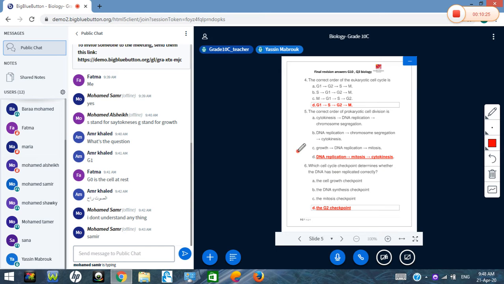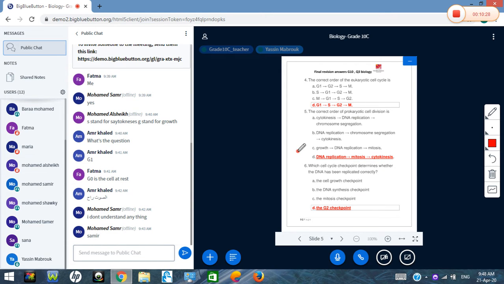Okay. Number 5. The correct order of prokaryotic cell division. Letter A: cytokinesis first, then DNA replication, and the last step, chromosome segregation. Letter B: DNA replication, then chromosome segregation, last step cytokinesis. Letter C: growth, then DNA replication, and the last step, mitosis.